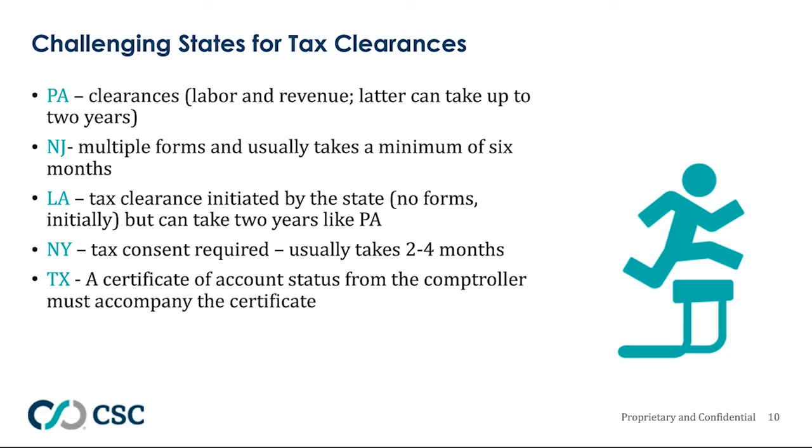Louisiana, as far as the professional that has to fill out the forms, it's relatively easy, as there are no tax clearance forms to be prepared. The application for withdrawal is submitted to the Secretary of State, and the Secretary of State then engages the various state agencies from which clearances need to be obtained. But that process, again, can take 2 years, similar to Pennsylvania.